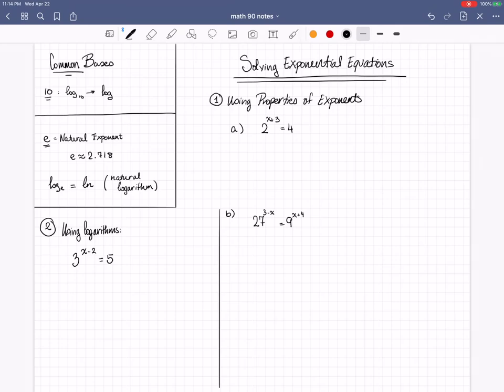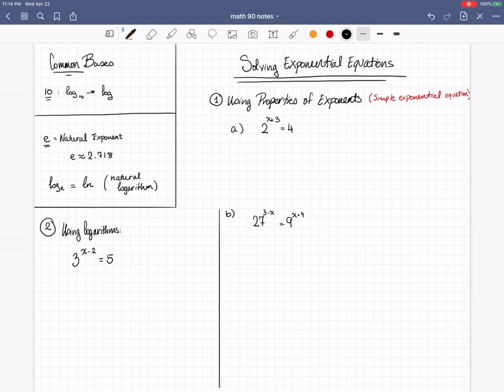The first example that I wanted to spend a little bit of time on is the one where you actually don't need logarithms to solve. I sometimes call these simple exponential equations. You'll sometimes hear me refer to them as really nice ones because you don't need to get messy with logarithms or anything like this.